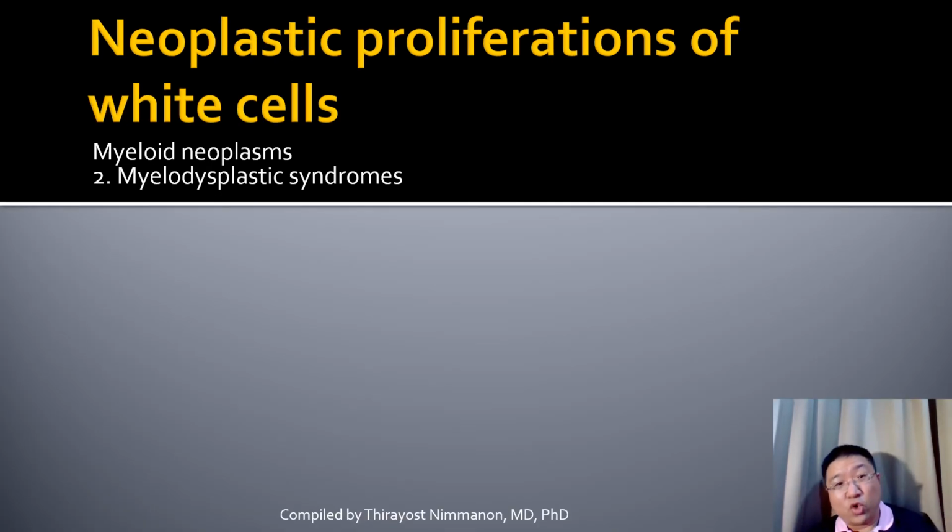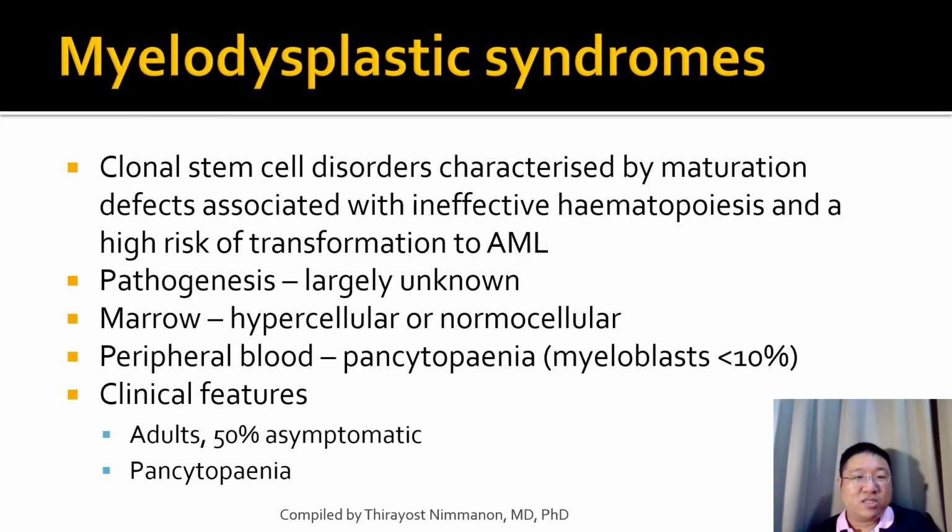And the second group of the myeloneoplasms is myelodysplastic syndromes. So myelodysplastic syndromes are clonal stem cell disorders characterized by maturation defects, not arrest. It is maturation defects. It is dysplasia.